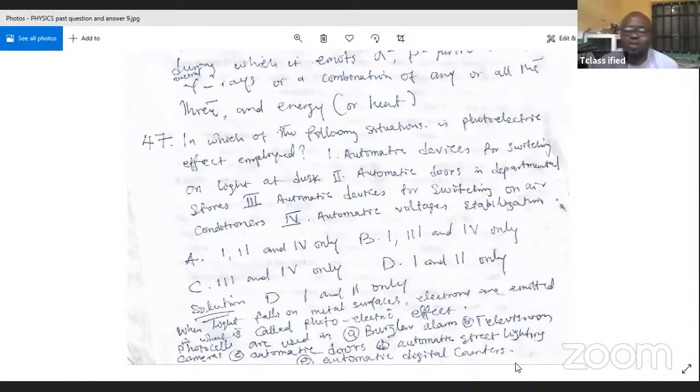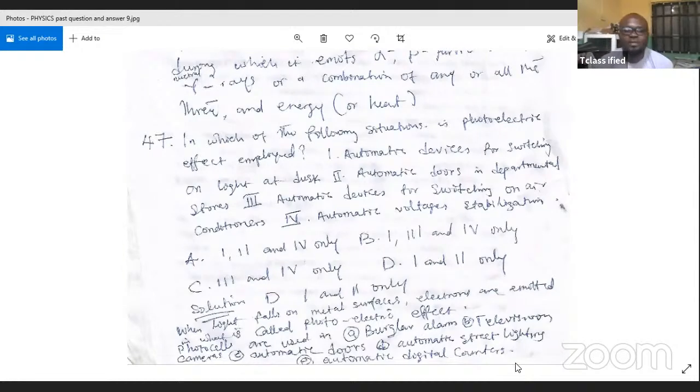So where can we have photocells employed? Photocells can be used in burglar alarms, in television cameras, in automatic doors like the departmental store doors in the options.